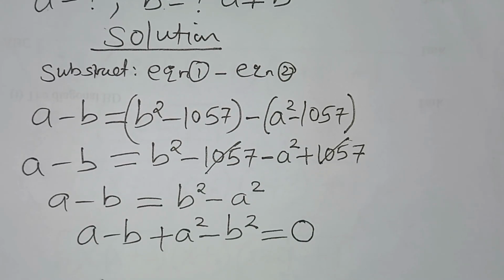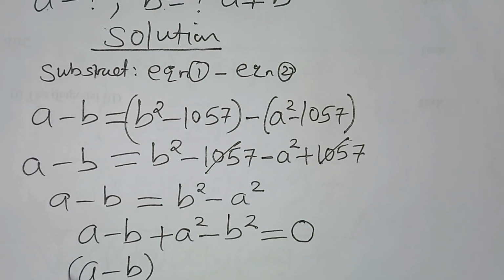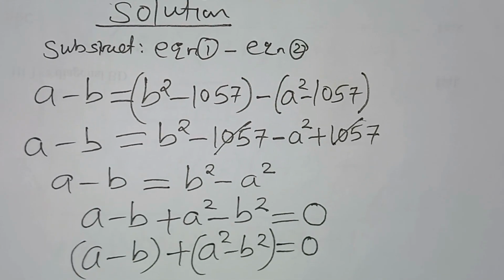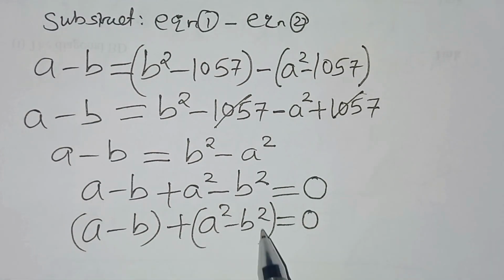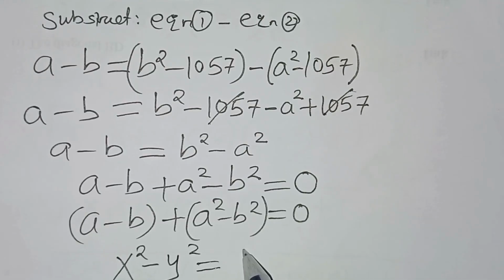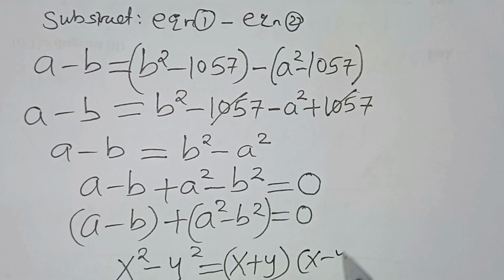Now here we have a minus b plus a squared minus b squared. This is equal to 0. Now a squared minus b squared, this is in the form of x squared minus y squared, which we can express as x plus y, x minus y.